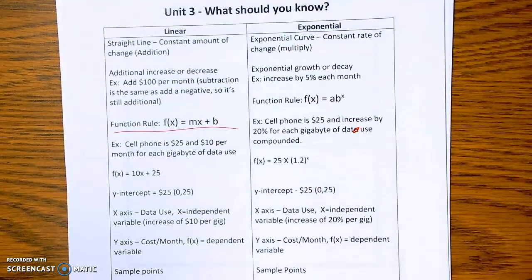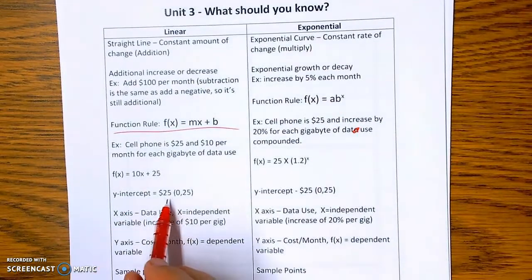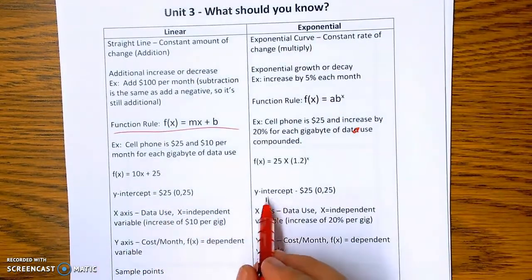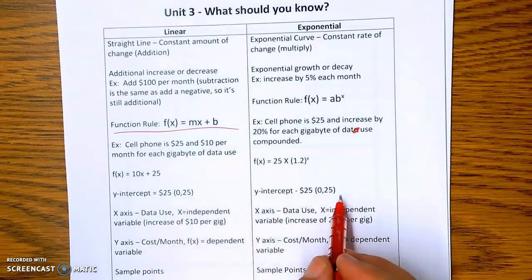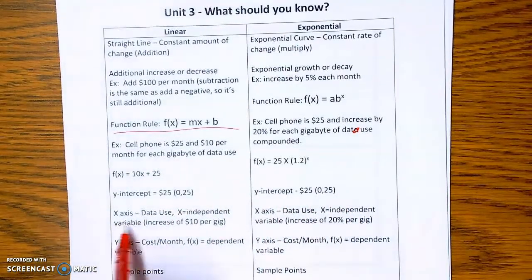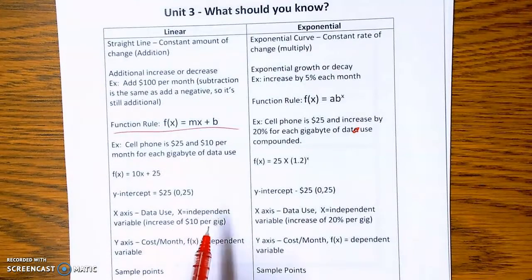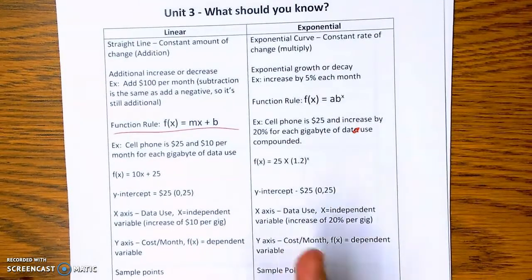So for this problem, the y-intercept is 25, which is our constant, and it's still 25 in both. It's exactly the same. The x is the independent variable, and it's the amount of data used, which represents each month one more unit of either $10 or 20% per gigabyte.